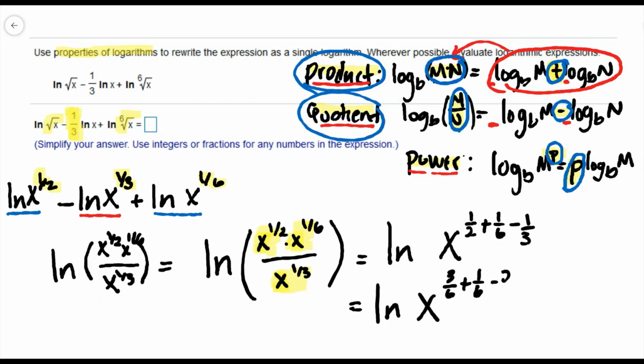And then minus 2/6. 2/6 is the same thing as 1/3. All the bases are the same. You can combine the numerators. 3 plus 1 is 4, minus 2 is 2, so I have 2/6, and that reduces down to 1/3.